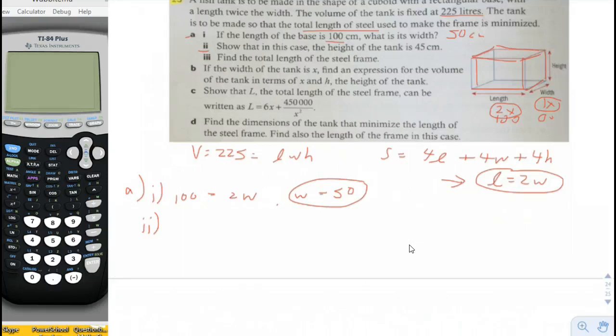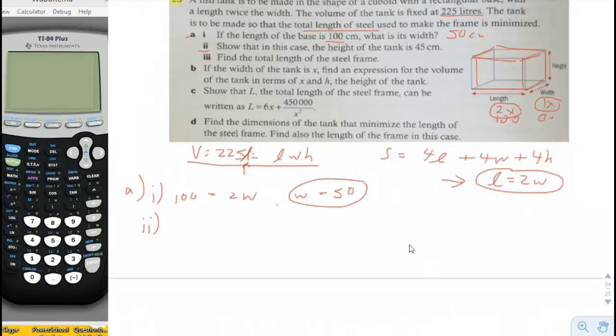Okay, so in this case we're going to have to use this constraint equation, which is that the volume of the tank is 225 liters, and that's equal to length times width times height. One of the problems we have here is that the length, width, and height are each in terms of centimeters, and the volume is in terms of liters. Now we have to remember how we relate liters to centimeters.